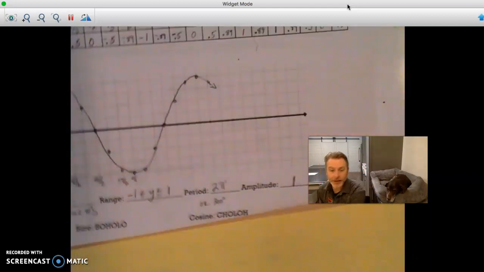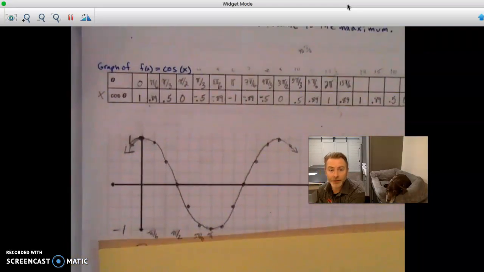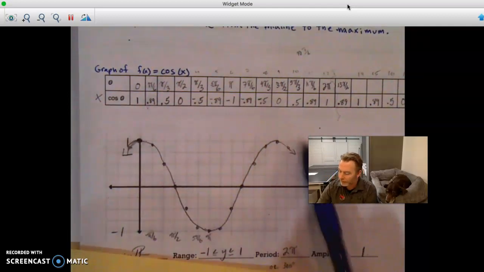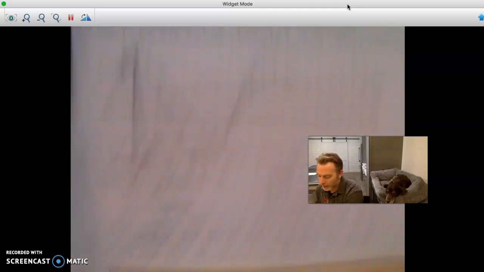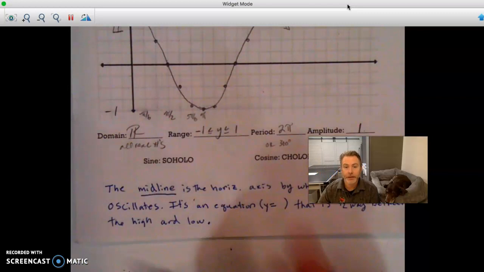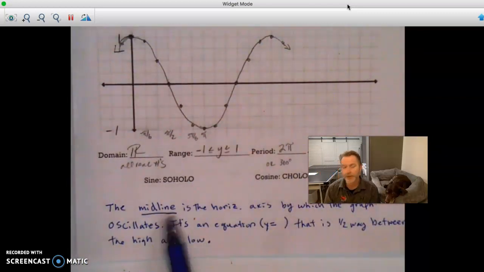So this is an example of a trig graph. This, by the way, is the cosine graph. It has these high and low points and it continues on like this forever. The graphs will have this middle axis right here, and that spot is called the midline.